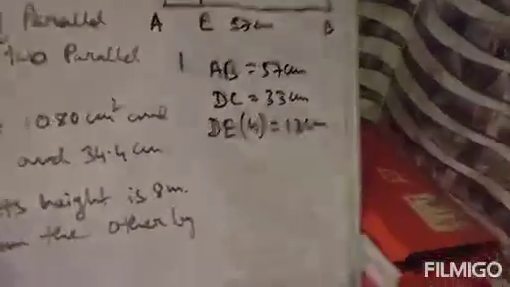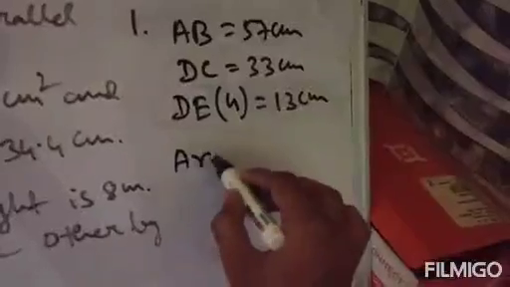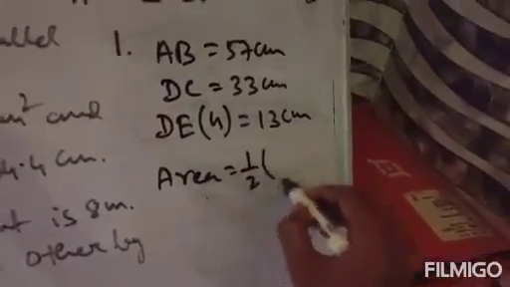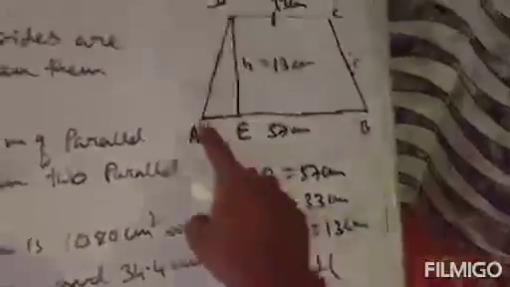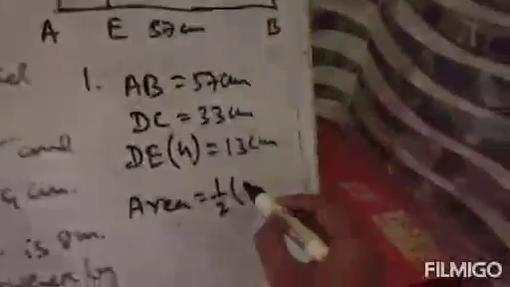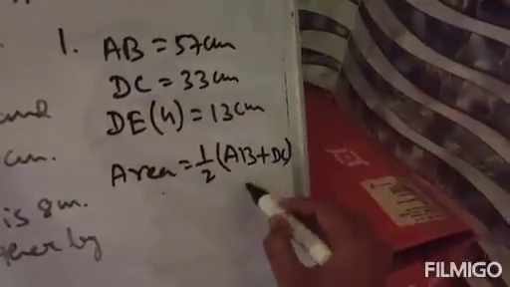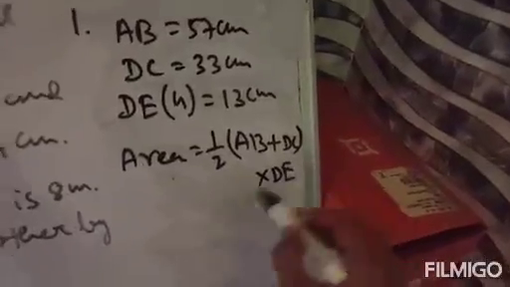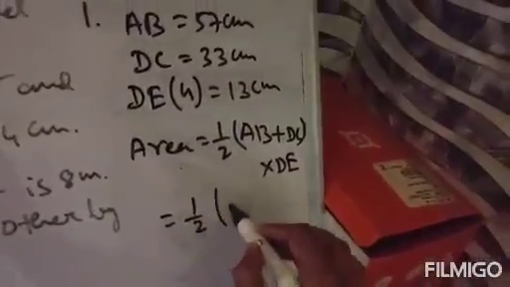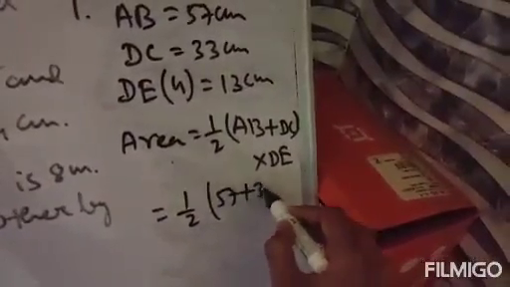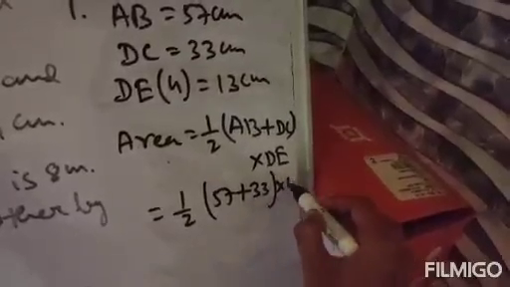Clear? So area will be, formula is 1 by 2 sum of parallel sides. Now this is AB, this is DC, that is sum of parallel sides. So one parallel side is AB and the second parallel side is DC, and the height is DE. Now put the value. So AB is 57, DC is 33 into DE, that is height, 13.